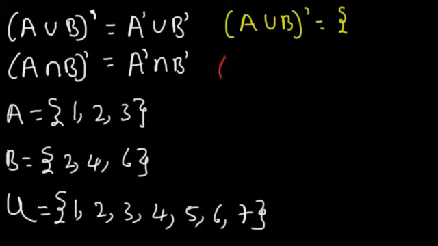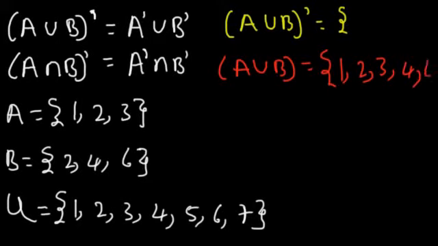Let's find A union B. A union B will be equal to 1, 2, 3, 4, 6. So the prime becomes what? The universal set minus 1, 2, 3, 4, 6, so it's going to be left with 5 and 7. So (A union B) complement is 5 and 7.